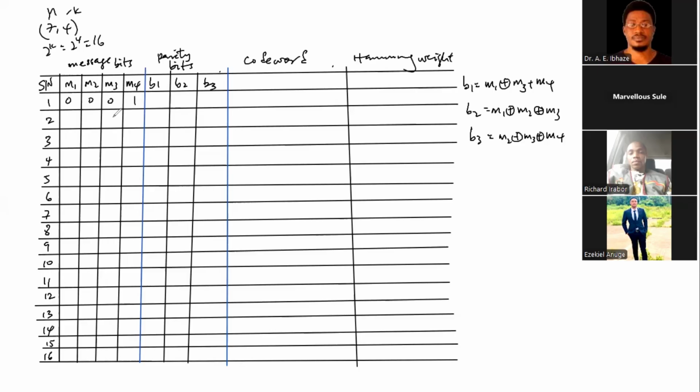Then for the second bit position, this will be turned on, 0, 0, 0. So we can just populate.